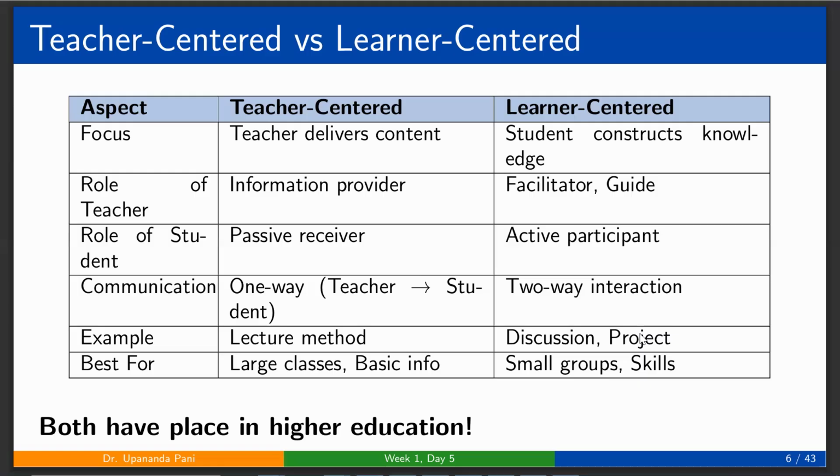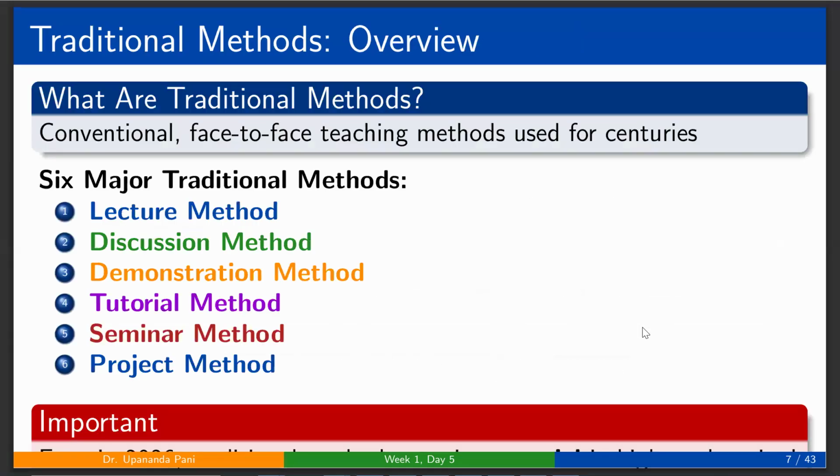Role of student: passive receiver, versus active participant. Communication is one-way, teacher to student, versus two-way interaction. An example is the lecture method, and for learner-centered, discussion and project. Teacher-centered methods are best for large classes; learner-centered methods are best for small groups or skills. So both have a place in higher education.